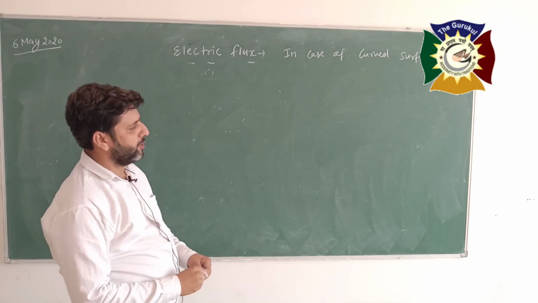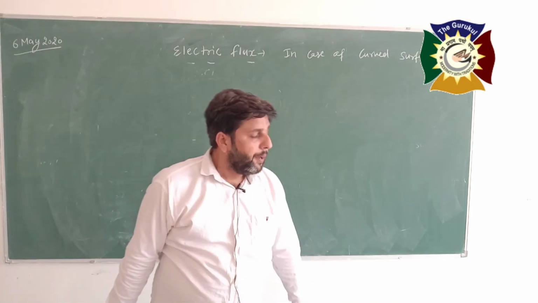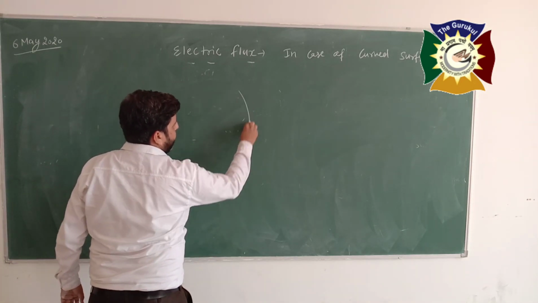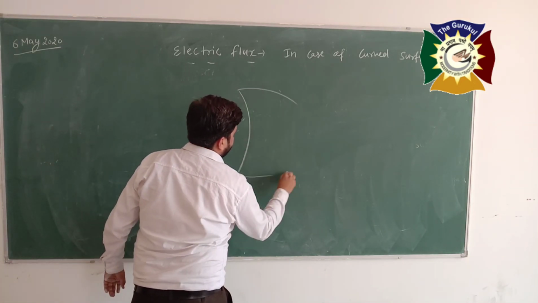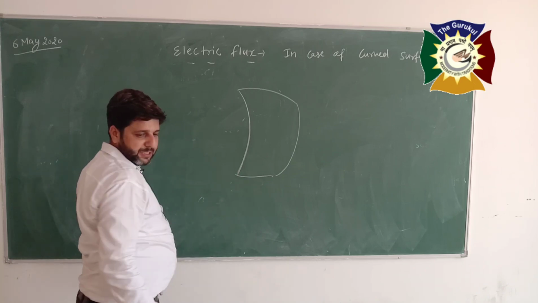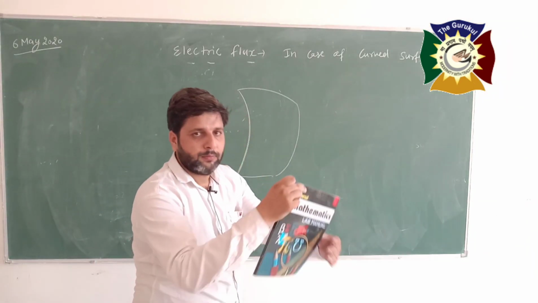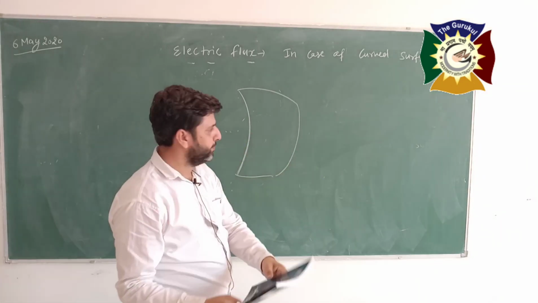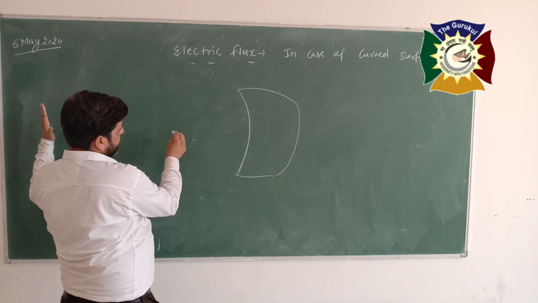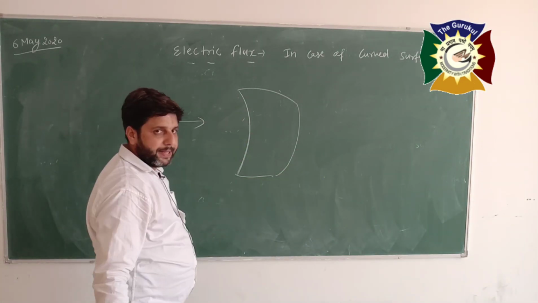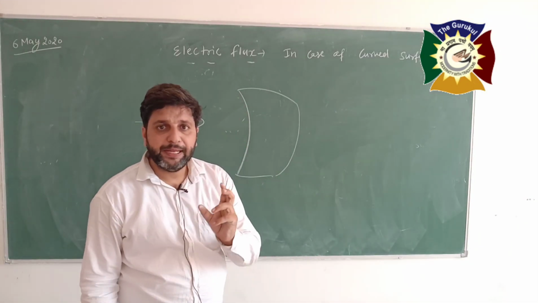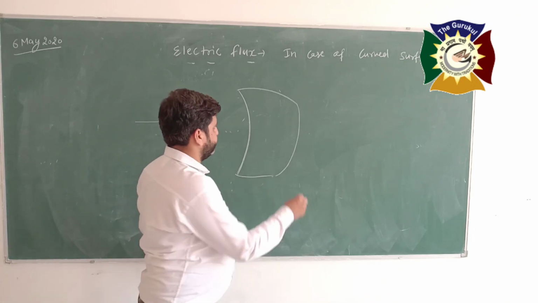When we talk about curved surface, suppose this is the curved surface in this way, and field lines are passing through it. Suppose electric field is coming in this direction, and I told you that in case of curved surface we have to assume a small part.